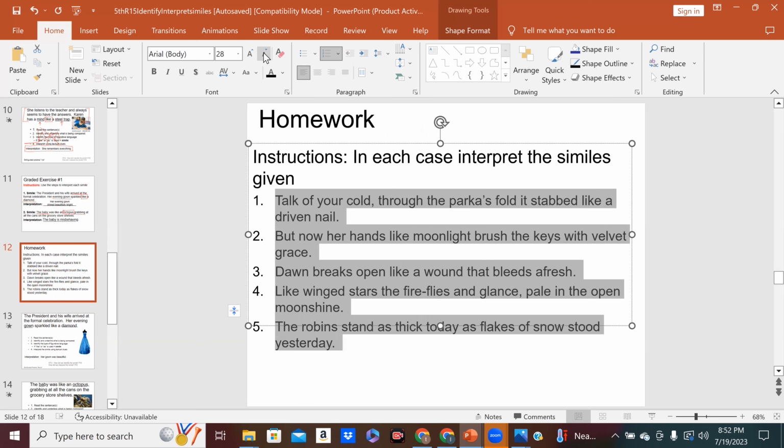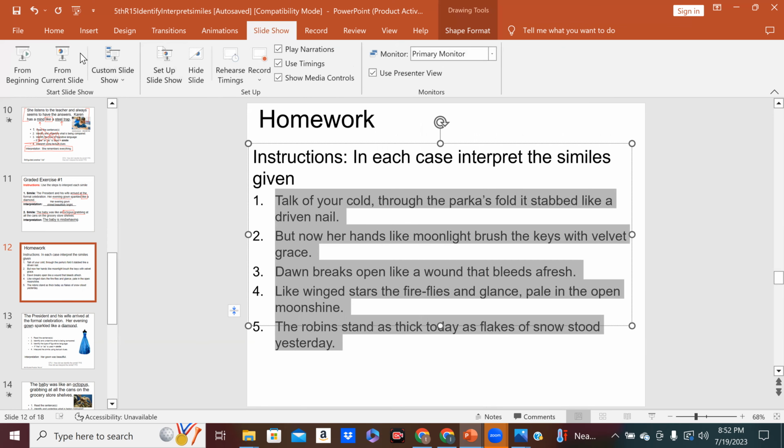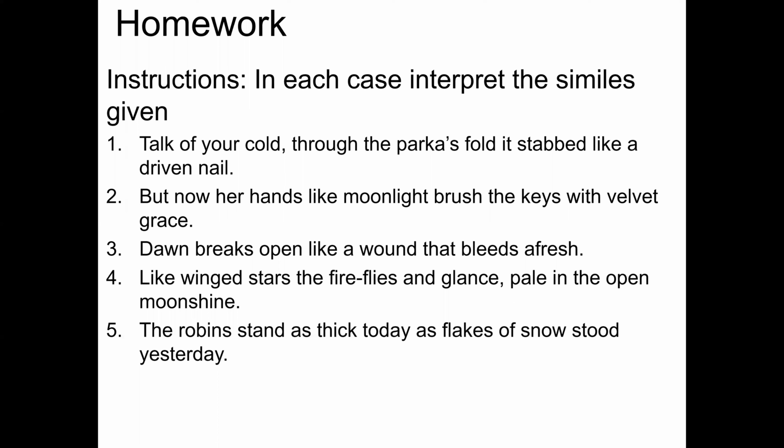So these ones you have to think very hard. It says: Talk of your coal through the Parker's foal, it stabbed like a driven nail. But now her hands like moonlight brush the keys with velvet grace. Dawn breaks open like a wound that bleeds afresh. It's a nice one.